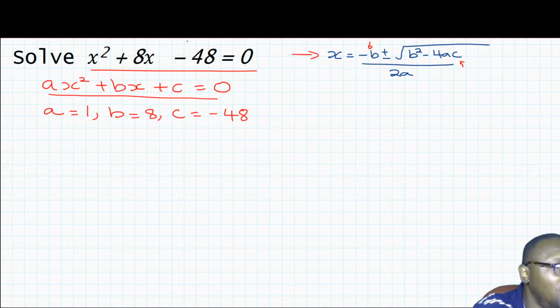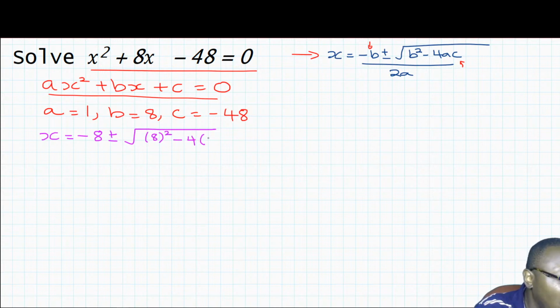So that's going to give us x equal to negative b, so that's going to be negative 8 plus or minus the square root of b squared, that's going to be 8 squared minus 4 multiplied by a is 1, and then c is negative 48.